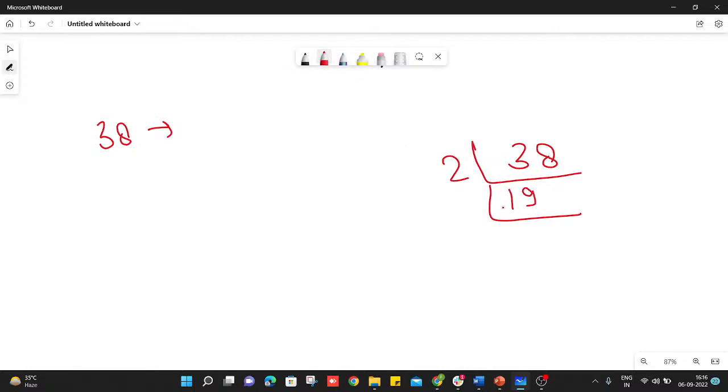Now, what about 19? Is it an odd number or an even number? Yes, you guessed it right. It's an odd number. But please tell me, can you divide 19 by any other number and not get any remainder?